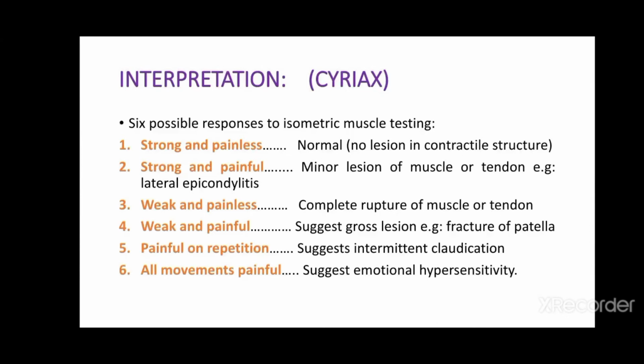The next one is, if the patient complains of pain and on assessment there is weak contraction in the tested muscle, it suggests that there is a gross lesion in the muscle or the tendon. Its example is fracture of the patella. I'm going to explain how the fracture of the patella leads to a gross lesion in the tendon or the muscle.